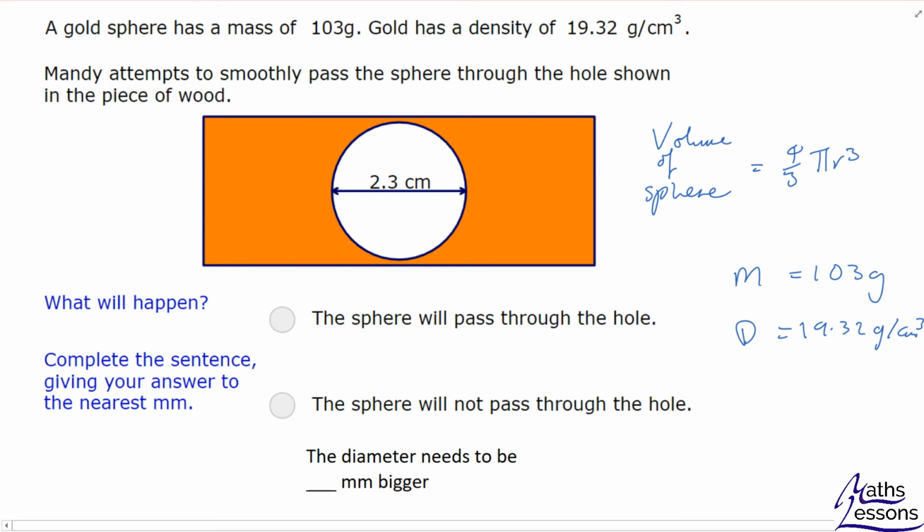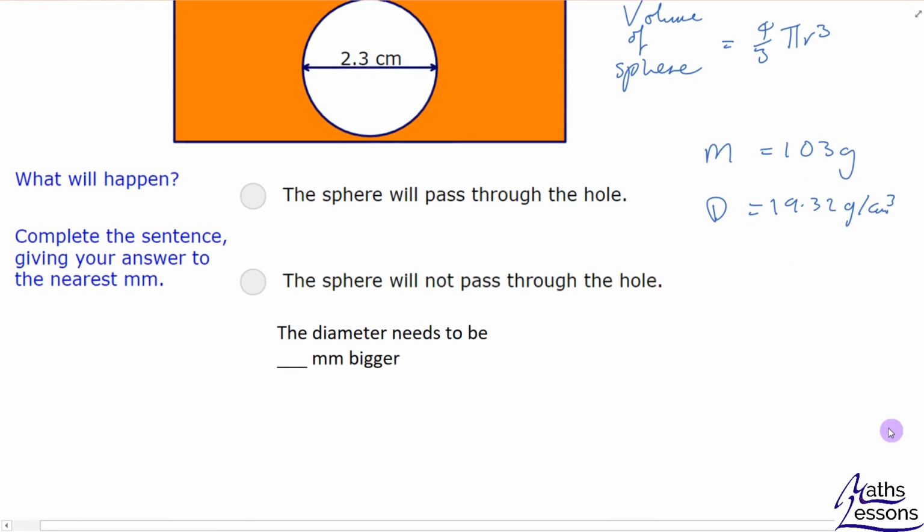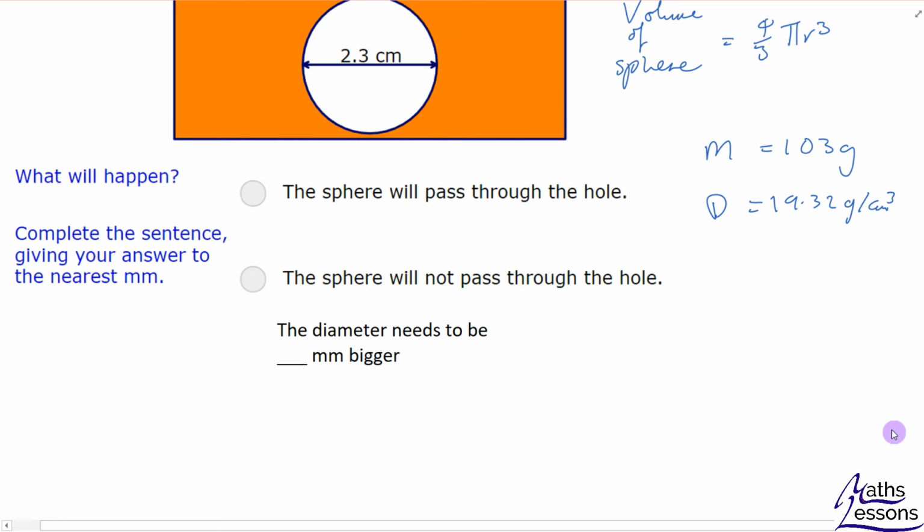Right, I'm just going to allow that to go across and down a bit so I can use that. Now remember, you can use this to remind you of the formula. So that's going to be grams, which is mass, and centimeters cubed, volume. So density equals mass over volume. And we want to find the volume of the sphere first. If we're going to pass this through, then we can find the radius. So the volume will equal the mass divided by the density.